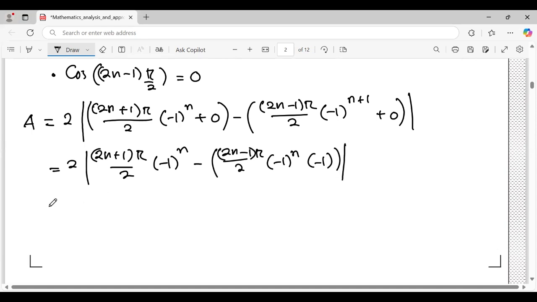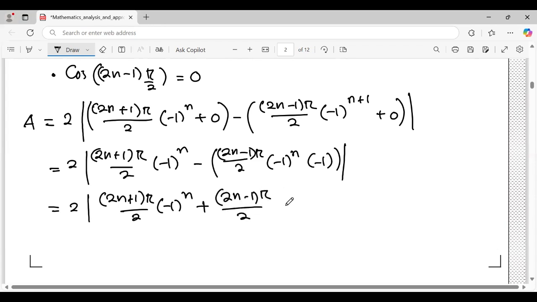So it becomes positive. 2n plus 1 pi half plus 2n minus 1 pi half minus 1 power n, becomes positive because minus times minus.